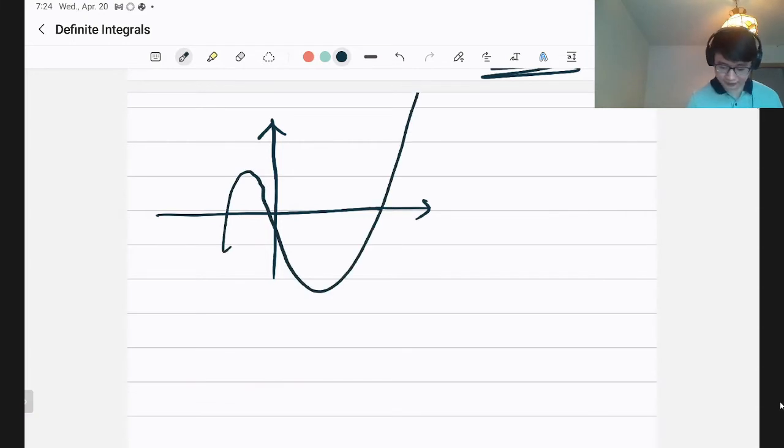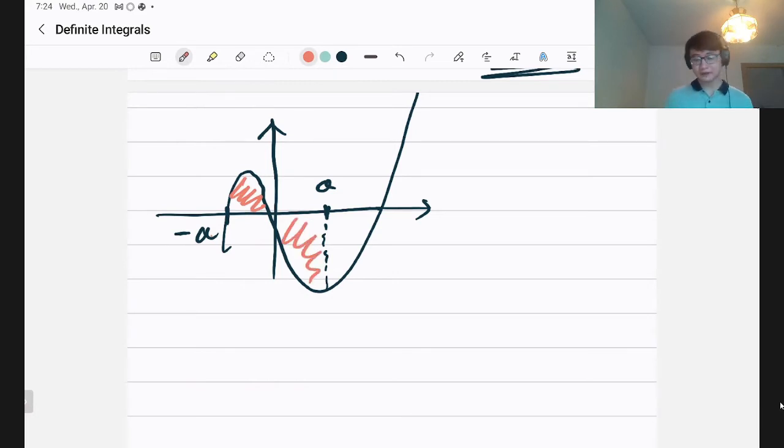This interval is -a, and this one is a. Now clearly we see the area under the curve from negative a to 0, I got this one, but from 0 to a, I got this one, right? So it's not working out at all. So this property doesn't hold true at all times.